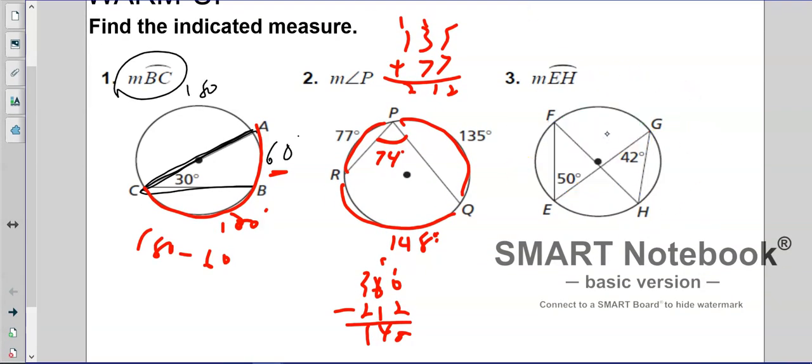Also, going the other direction, here and here, same arc, EH. Okay, but we have this angle right here, so 42 times 2 makes this 84. If we were doing it, this would be 100, because of the 50 right there.